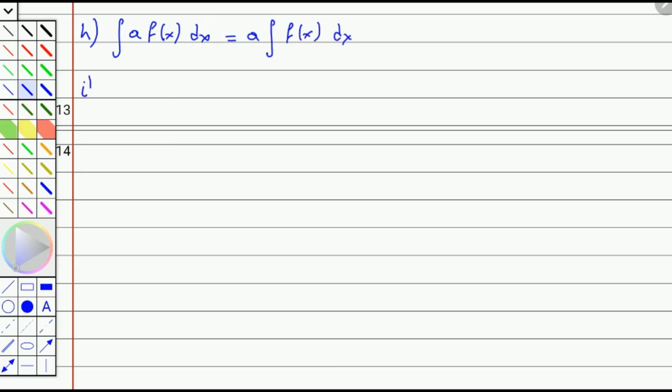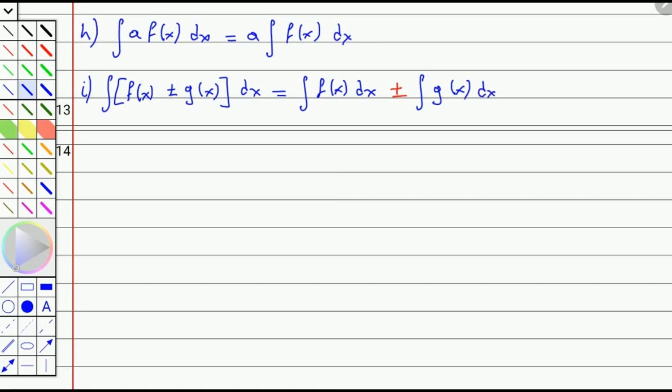And lastly, I, if we have the integral of a sum or difference of functions, f of x plus or minus g of x dx, this is going to be equal to the integral of f of x dx plus or minus the integral of g of x dx.